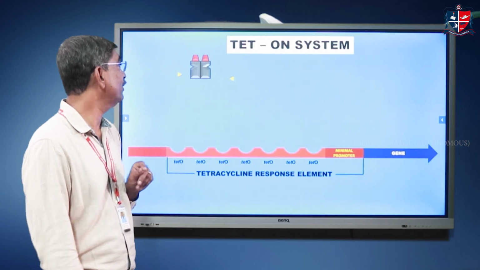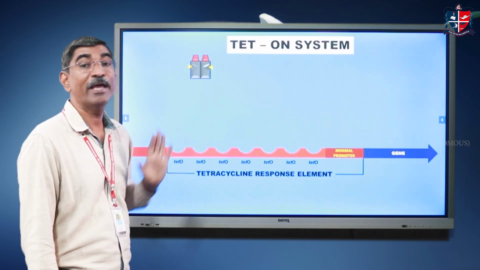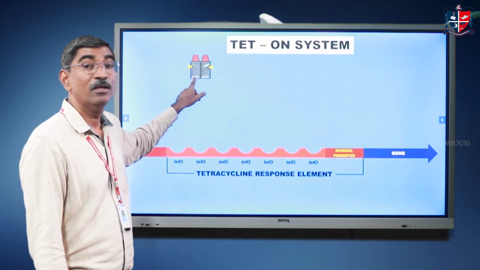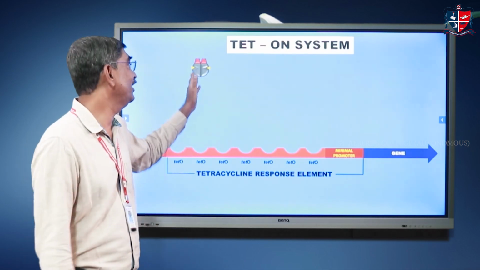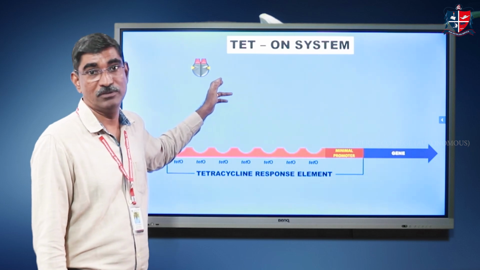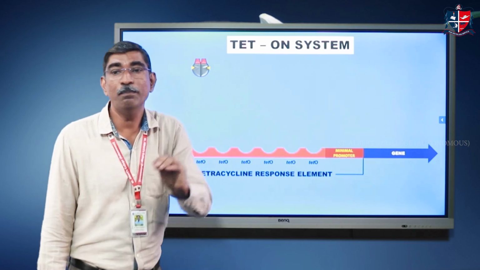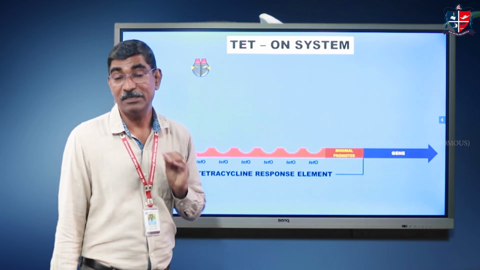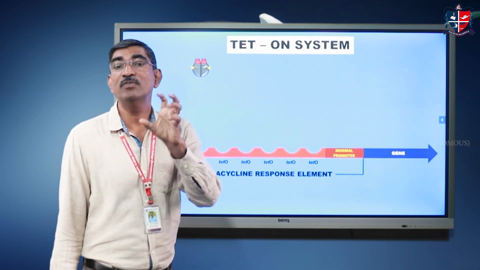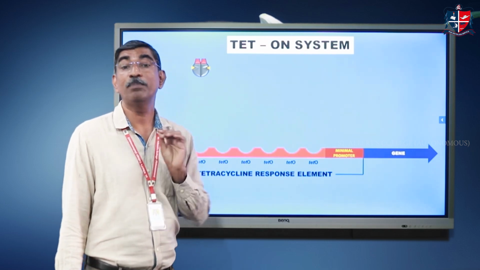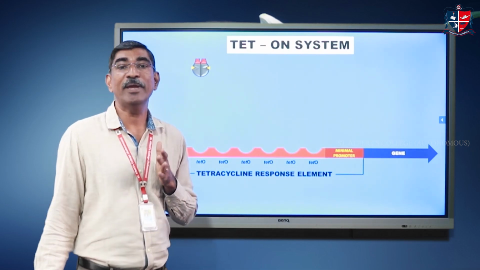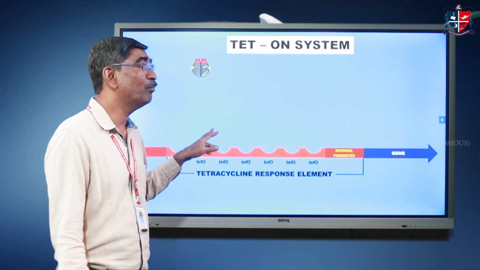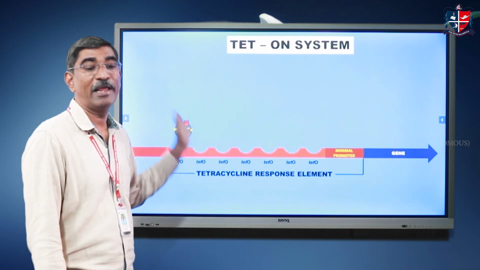This tetracycline, as usual, will go and bind with the repressor part of the fusion product, and see the conformation has changed. So by binding with tetracycline, the repressor part of the fusion product changes its conformation so that it can bind at the operator.